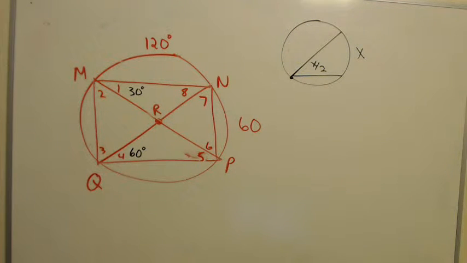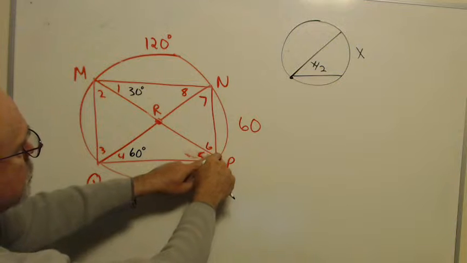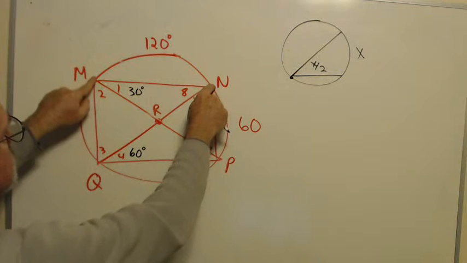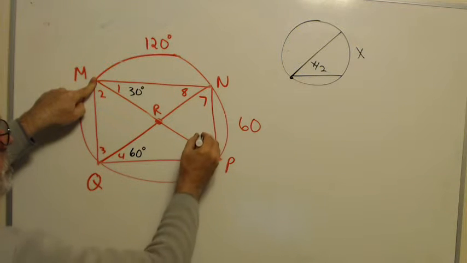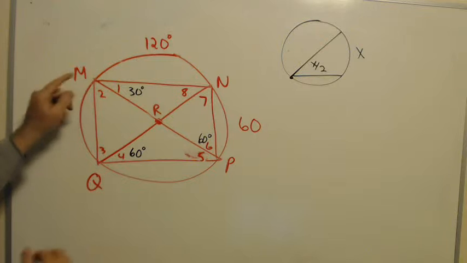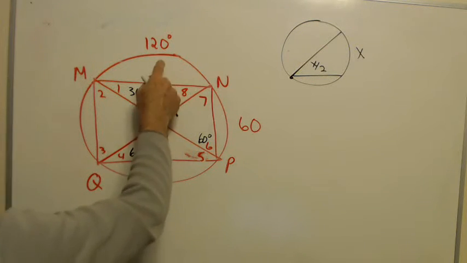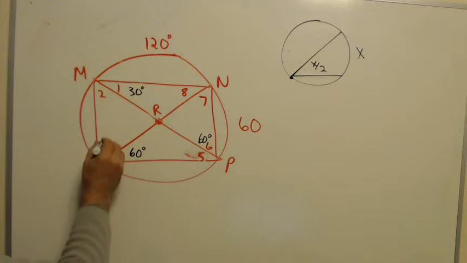Here's angle 6. Notice that it's intercepting this 120. It's half of 120, then it's 60. Also, angle 3 is coming up here. It's intercepting this 120, so it's going to be 60.